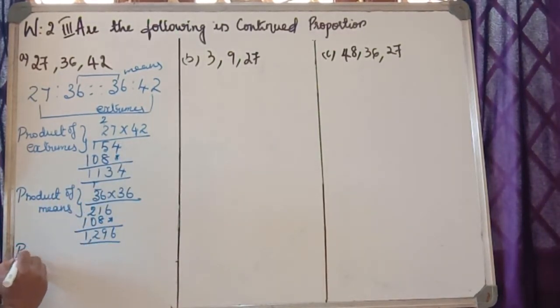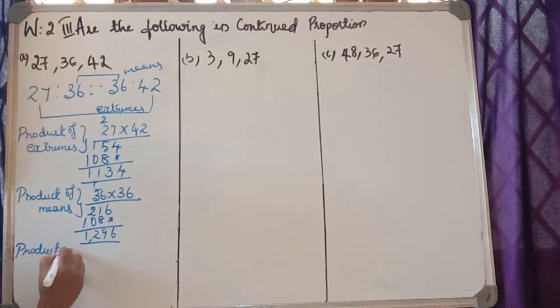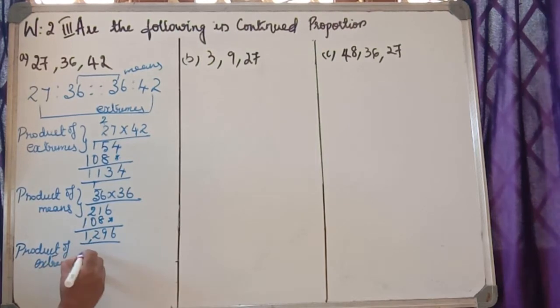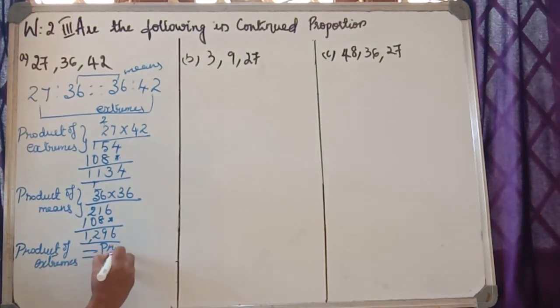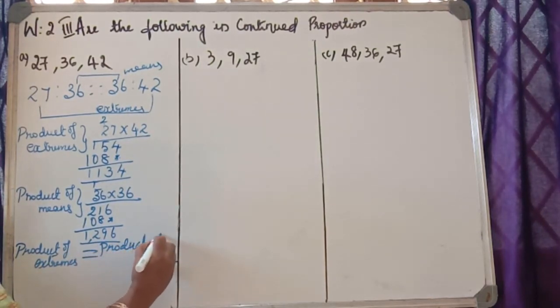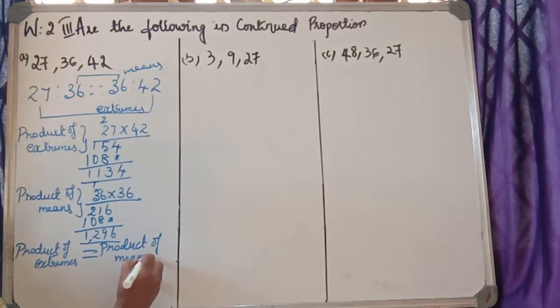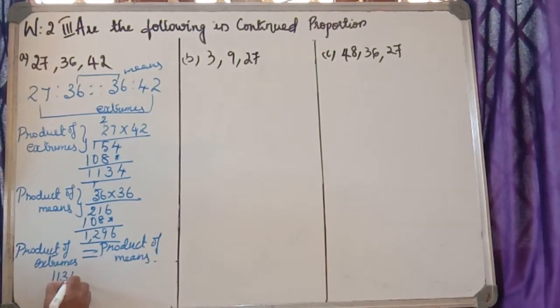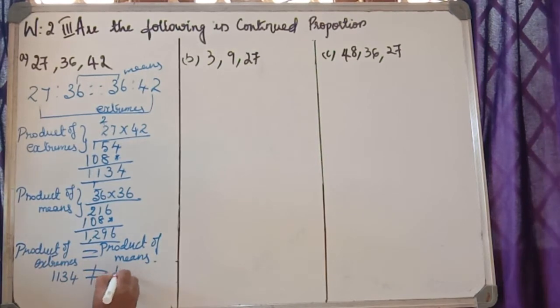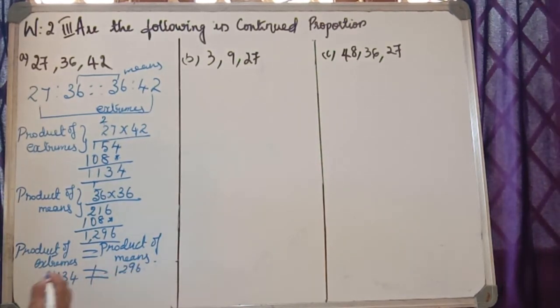Is the product of extremes equal to the product of means? No. The product of extremes should be equal to the product of means. Here 1134 is not equal to 1296.